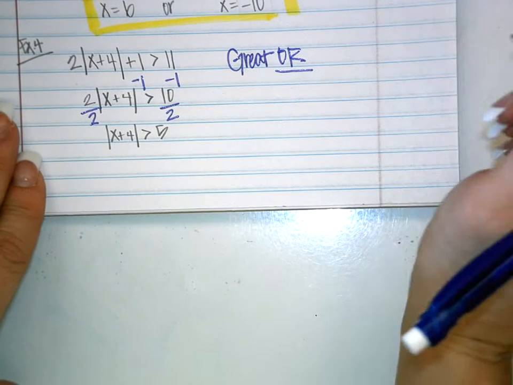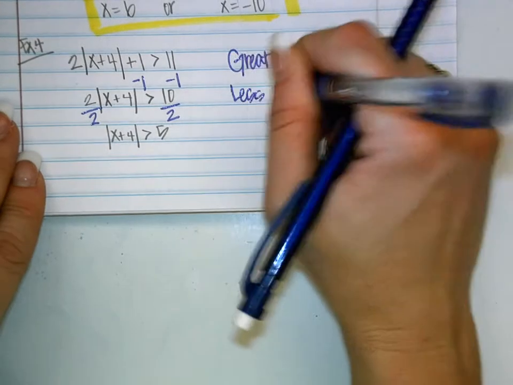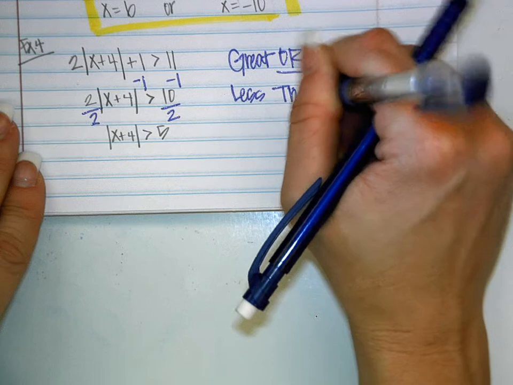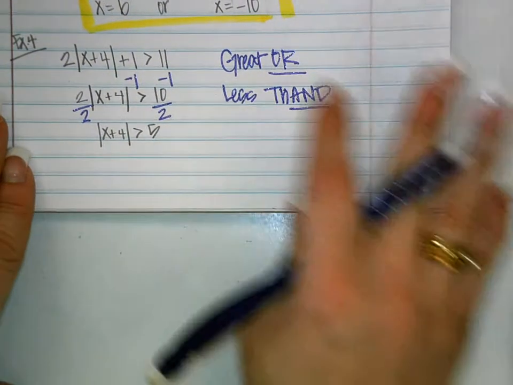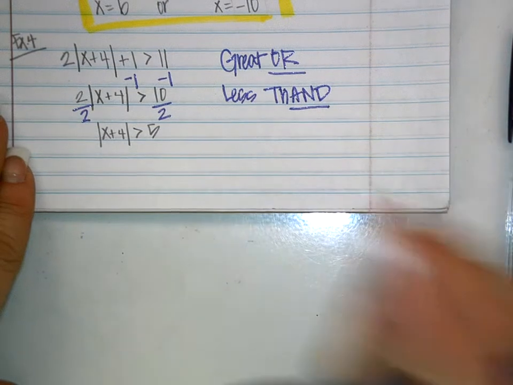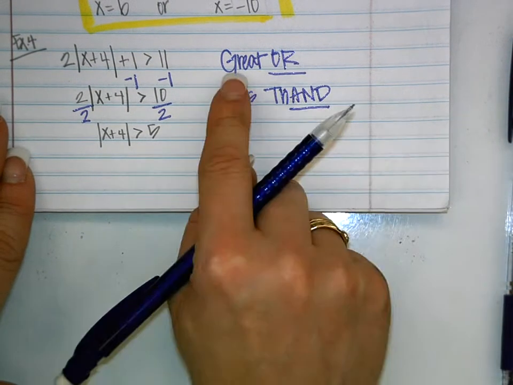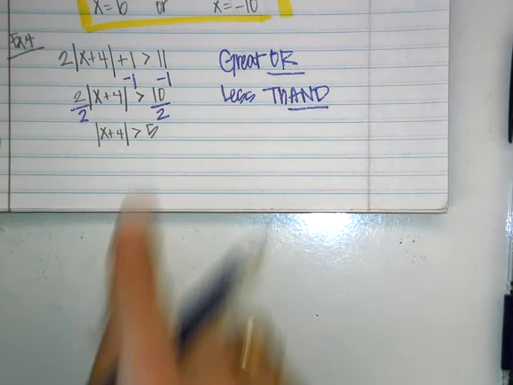Yes, I fully understand that is not spelled correctly. Less than becomes an and. Greater becomes an or. Greater implies that there's going to be two separate answers.